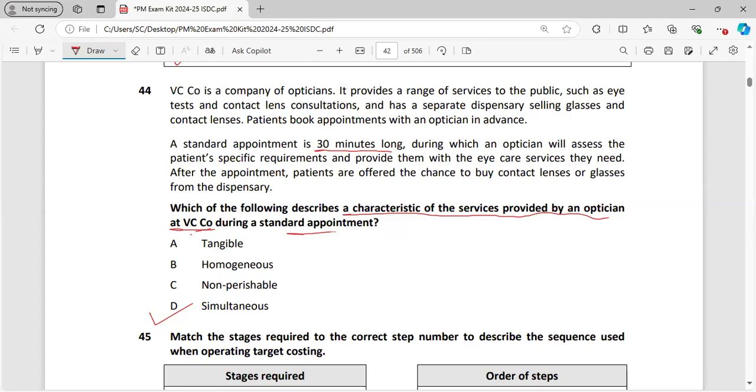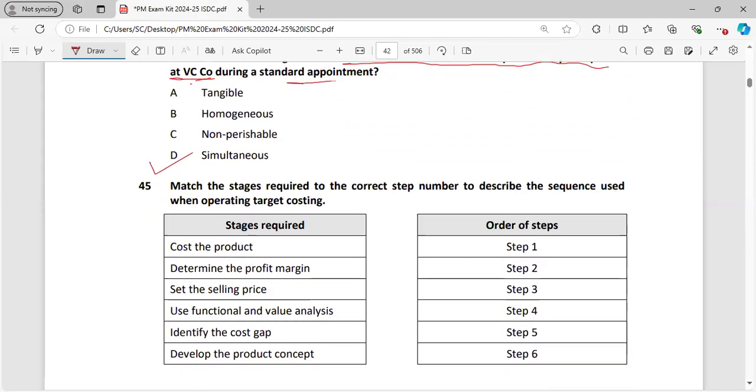One more MCQ we will do from the target costing before moving further. Match the stages required to the correct step number to describe the sequence used when operating target costing. Now what will we do? First of all, step number one is what?